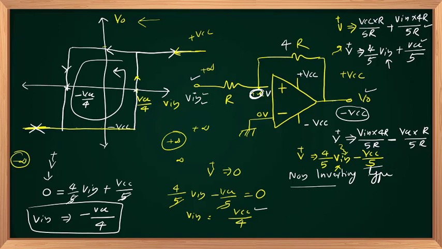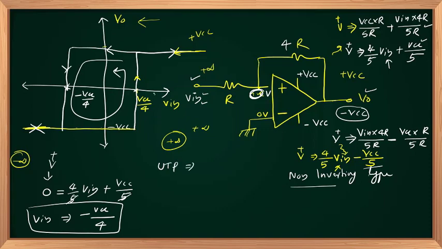So let us identify the parameters of my non-inverting type Schmitt trigger circuit: LTP, UTP, and width of hysteresis. UTP is the highest value of V in at which a change occurs, VCC by 4. LTP is the lowest value of V in at which there exists a change. Change can be from plus to minus or minus to plus, doesn't matter.